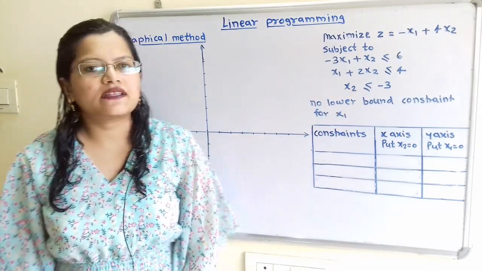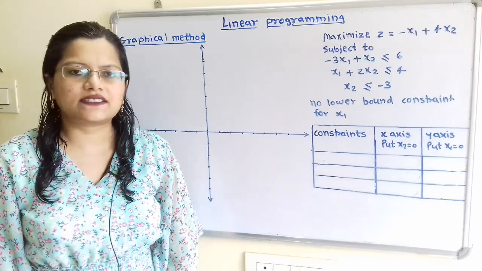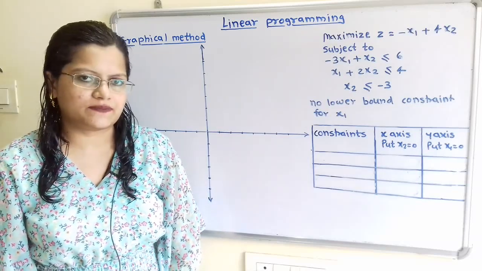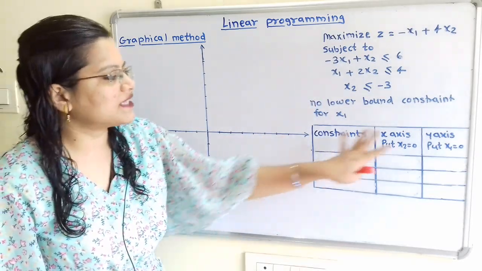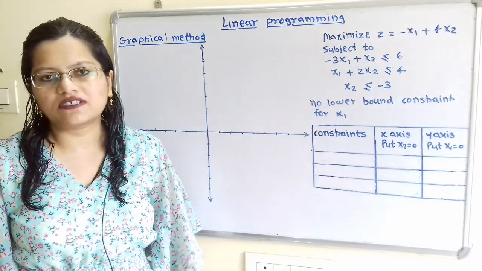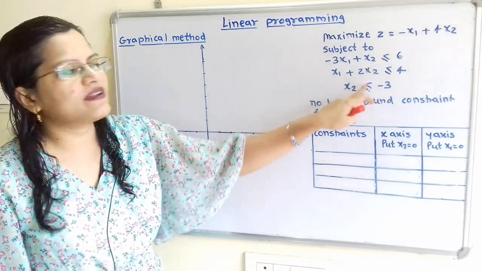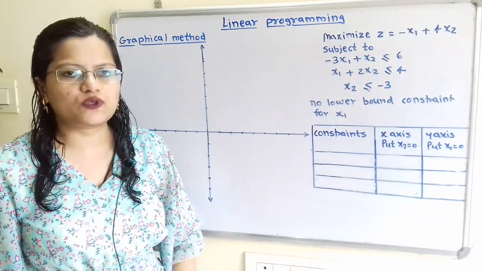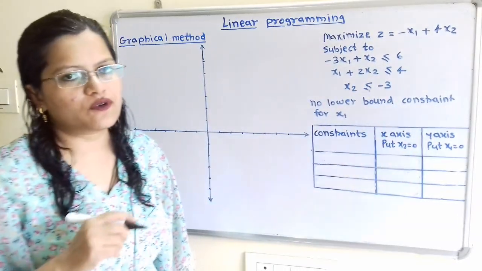First we will prepare the table to find out the points that we have to plot on x-axis and on y-axis. So for that we will write the given constraints. For this table, first column is for constraint, and the less than sign we will cancel and consider only the equal to sign. This is limited only for this particular table.